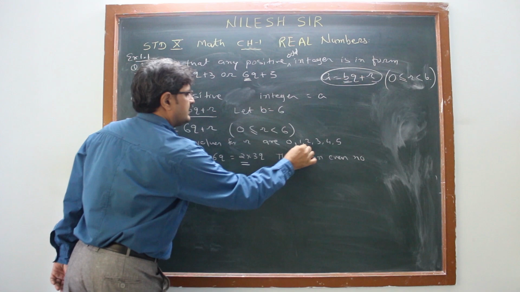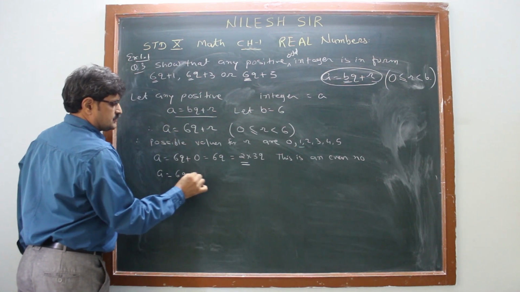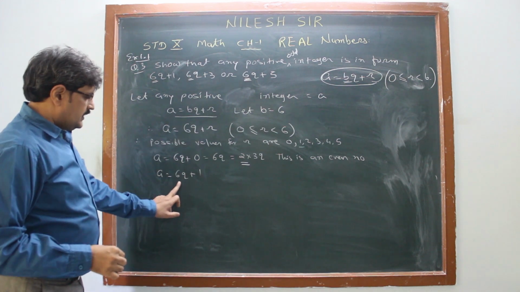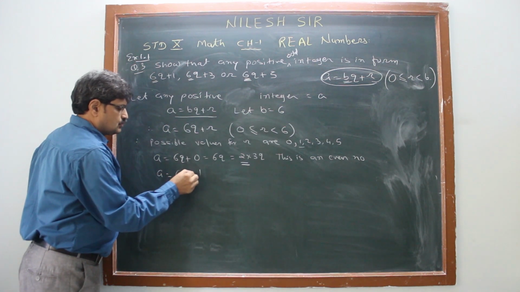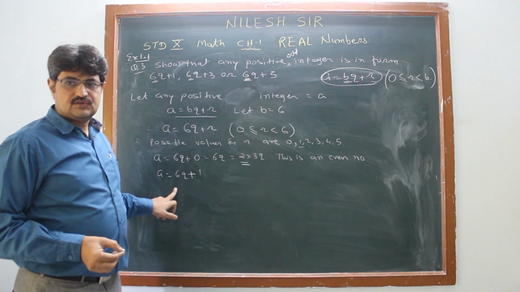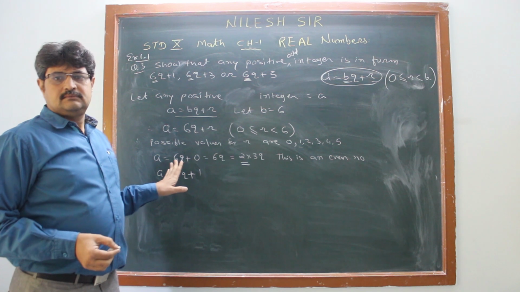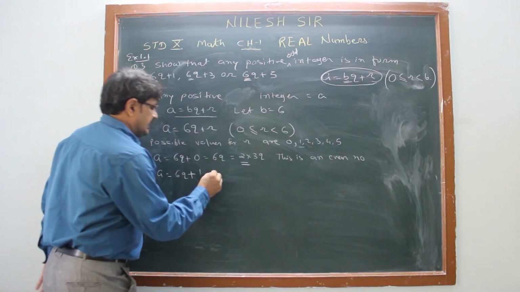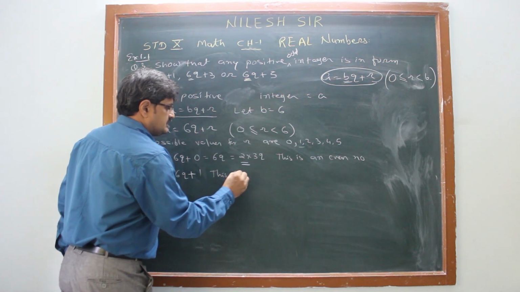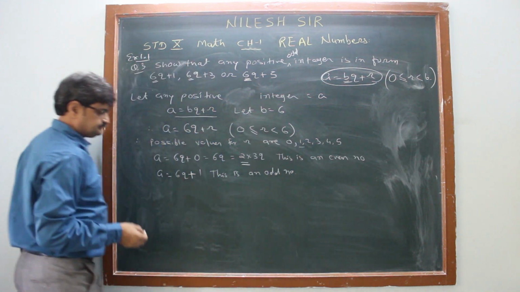Now I will take another remainder, that is 1. a is equal to 6q plus 1. In this term we do not have 2 as a factor, so we cannot consider this an even number. So this is an odd number.